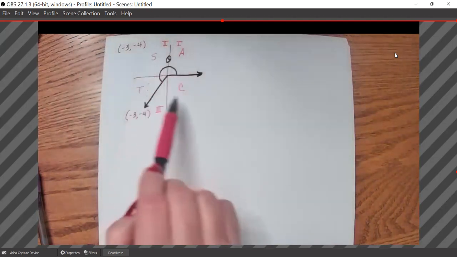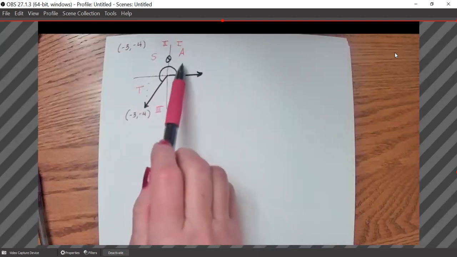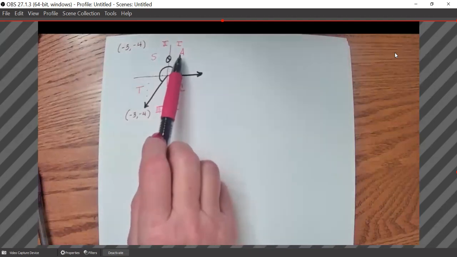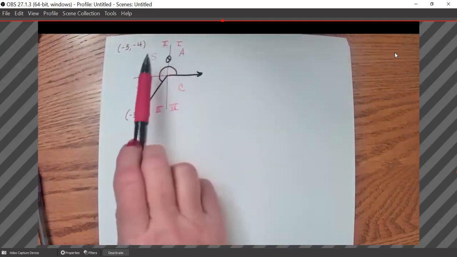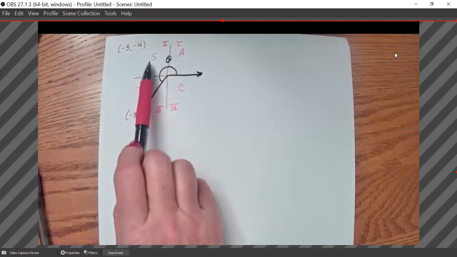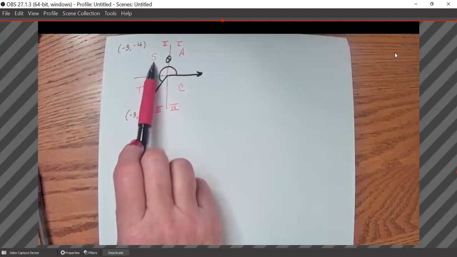Go around counterclockwise. This says in the first quadrant, all trig functions are positive. Second quadrant, just sine is positive, which means also cosecant will be positive, but the other four trig functions are negative.